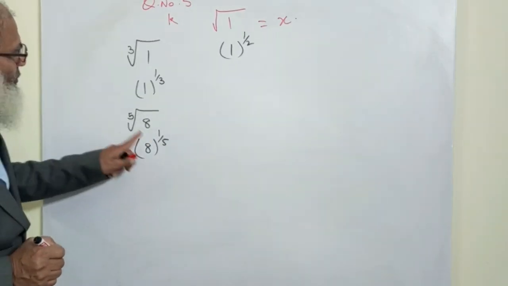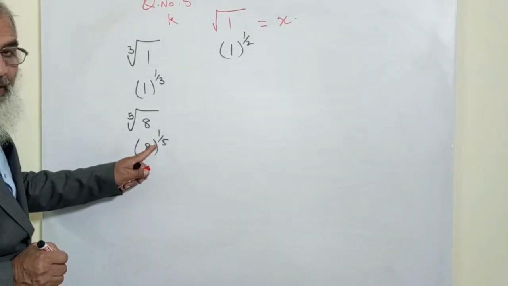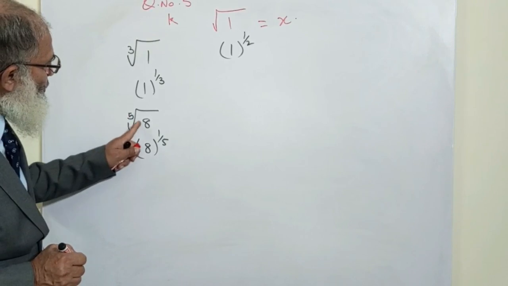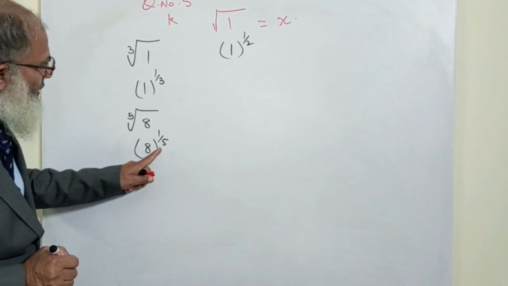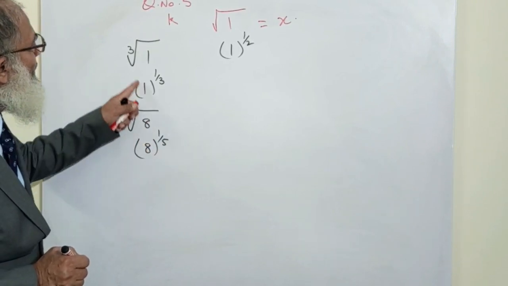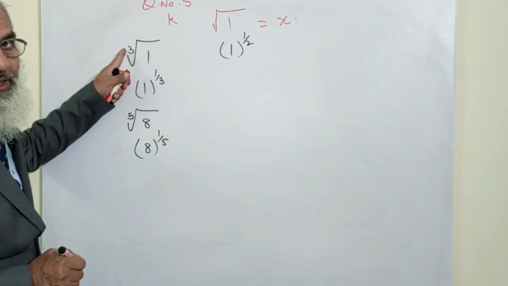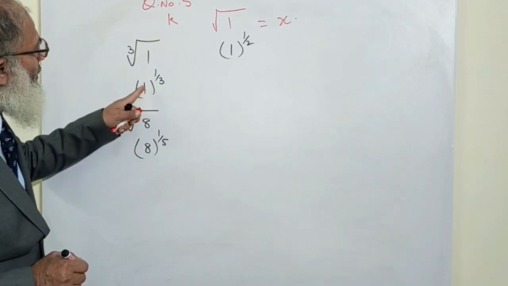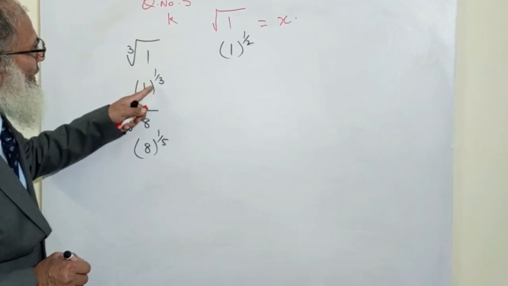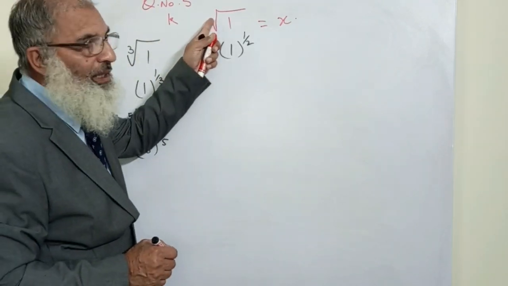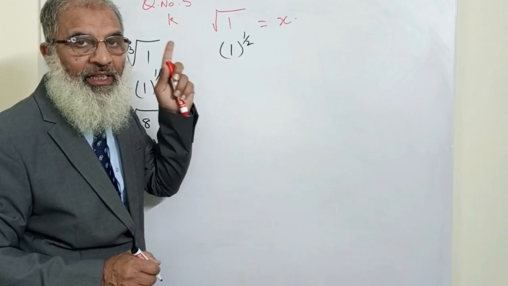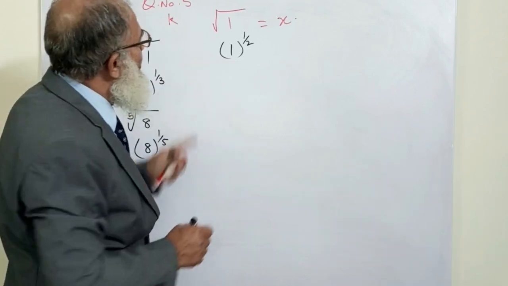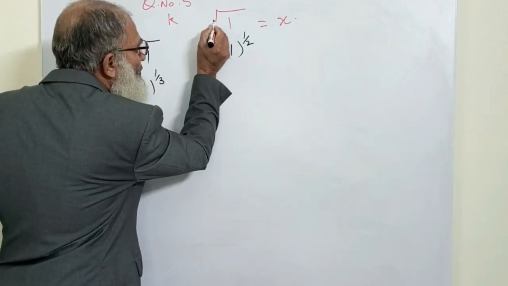Now you see, whatsoever was written in the root comes in the denominator of the power. 3 was written here, it was cube root, so it comes in the denominator of the power of 1. And if nothing is written, I told you that when nothing is written, it means that 2 is written over here.